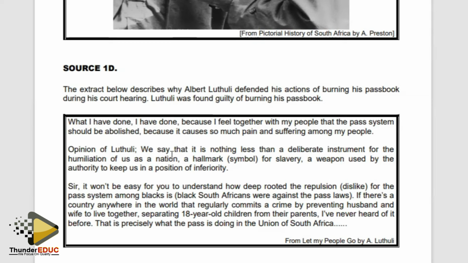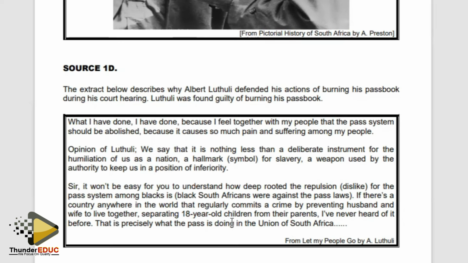Opinion of Lutu: we say that it is nothing less than a deliberate instrument for the humiliation of us as a nation, a symbol of slavery, a weapon used by the authorities to keep us in a position of inferiority. Sir, it won't be easy for you to understand how deep-rooted the dislike for the pass system among blacks is.